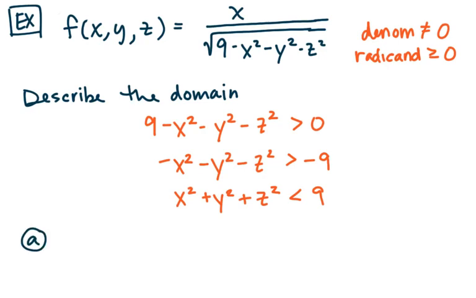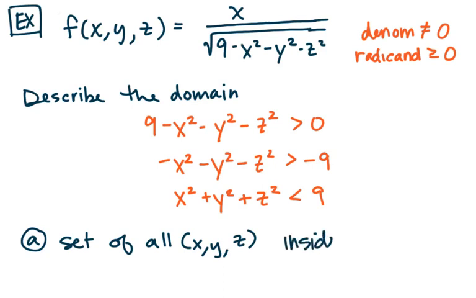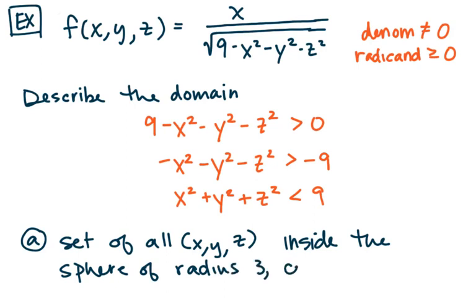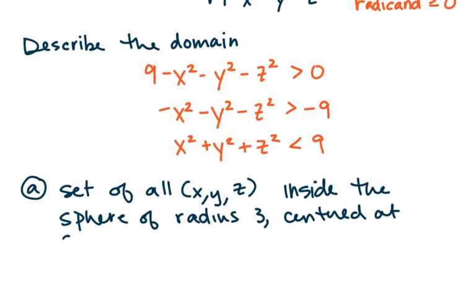So I'll write that in words. We'll say the set of all x, y, z ordered triples inside the sphere of radius 3 centered at the origin, not on the boundary or the edge of that sphere.